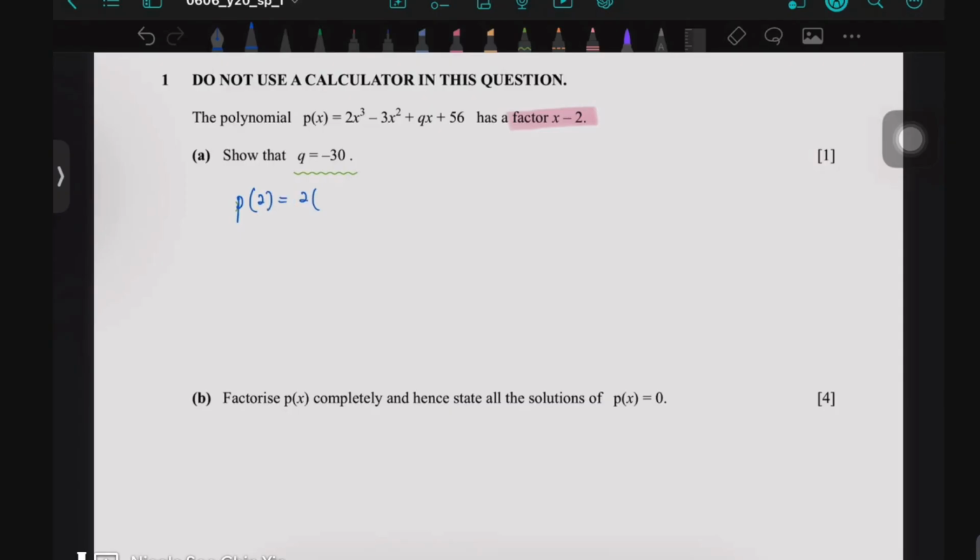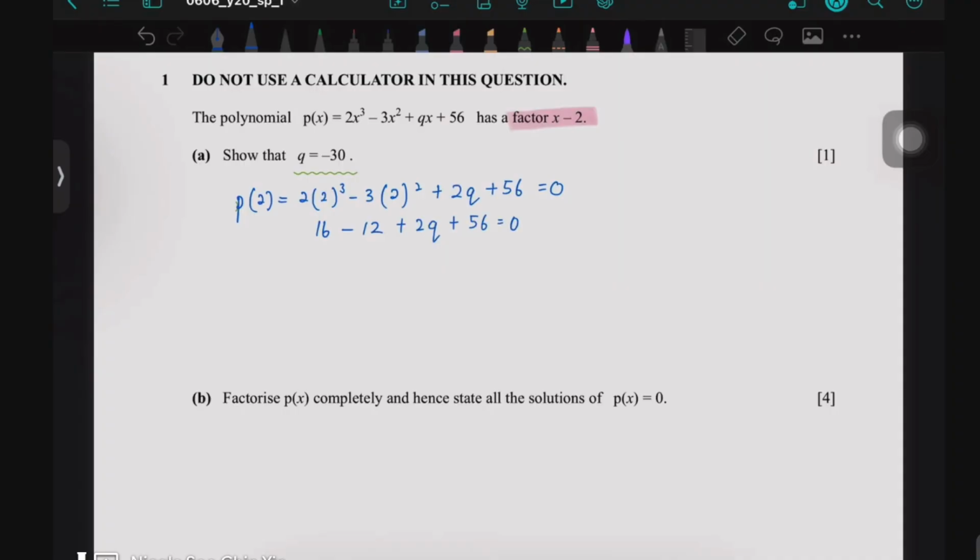So 2 times 2 cubed, minus 3 times 2 squared, plus 2q, plus 56, which equals 0 because it has a factor of this. So from here you get 16 minus 12 plus 2q plus 56 equals 0.